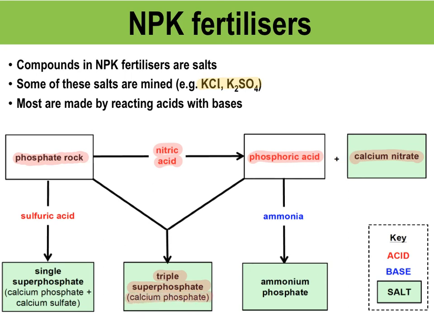And then finally, we can react the phosphate rock with sulfuric acid. That'll give us something called a single superphosphate, which is a mixture of calcium phosphate and calcium sulfate. So reacting phosphate rock with nitric acid, with phosphoric acid, with sulfuric acid can give us salts that contain nitrogen and phosphorus.